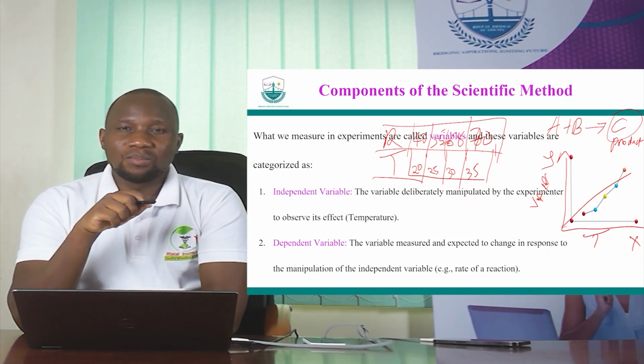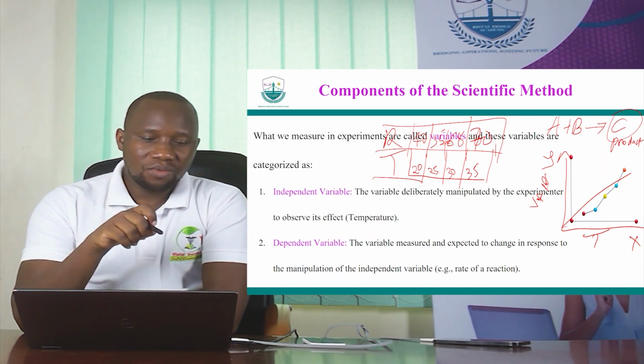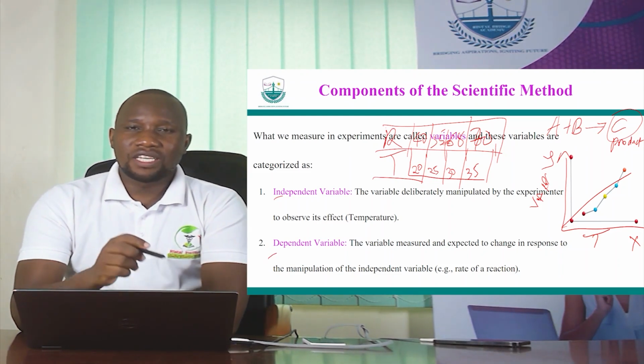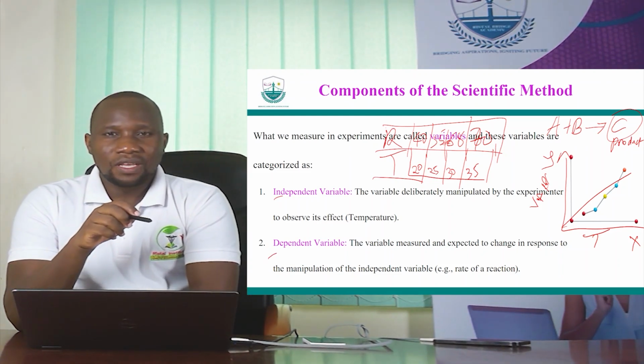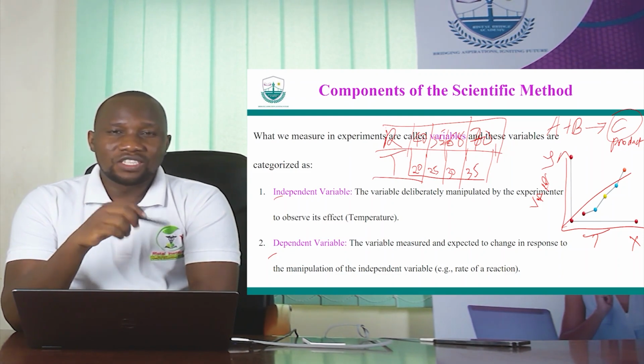These variables are divided into two: the independent variable and the dependent variable. For each experiment, you will have these two variables.